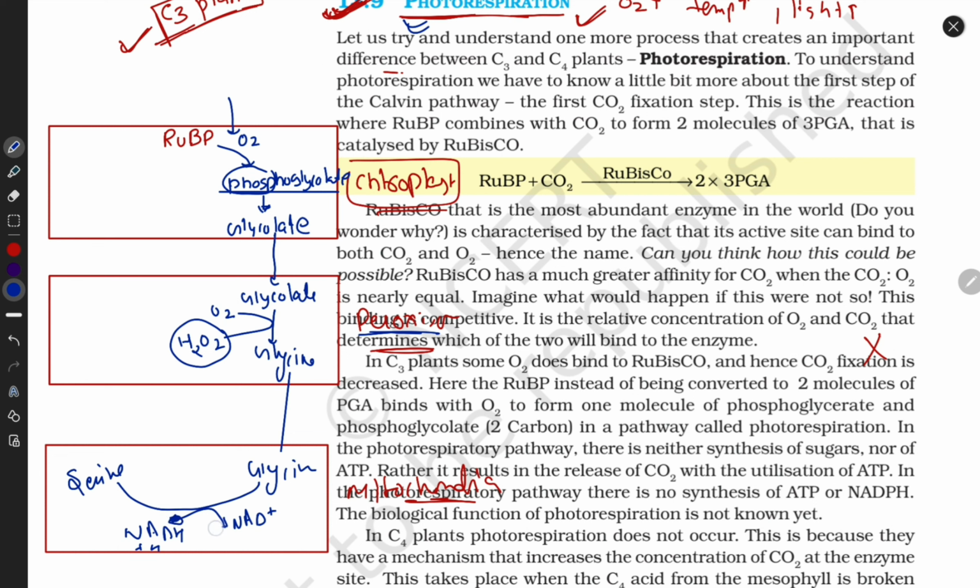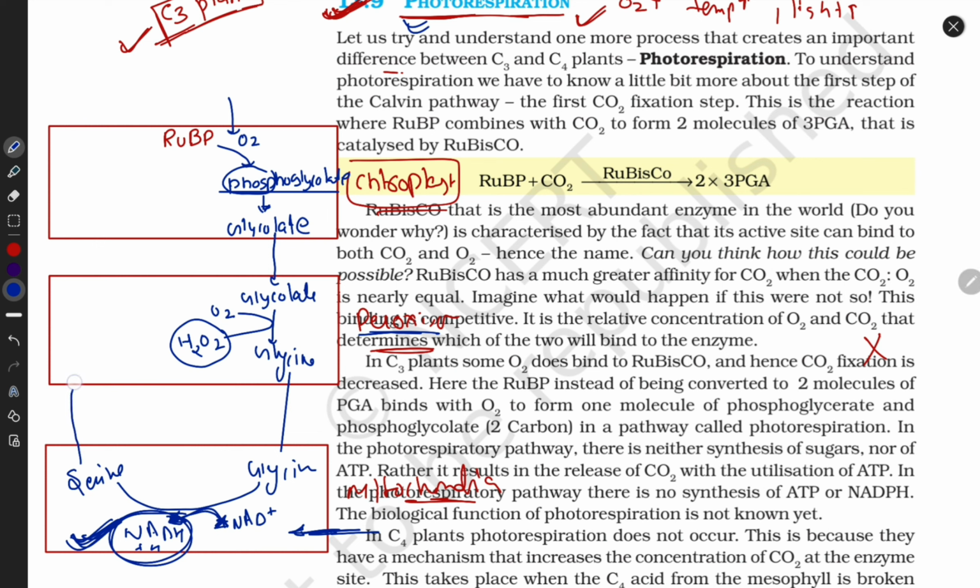I'm not adding an arrow here. This conversion to this conversion, that means we got energy. That's why our plant does this process, because in photorespiration we also get some energy. I know we lose some energy as well as get some energy also.